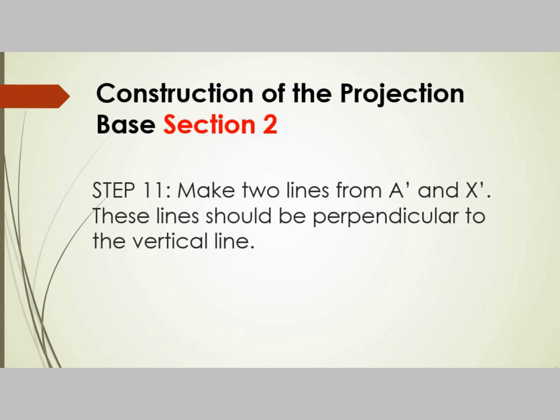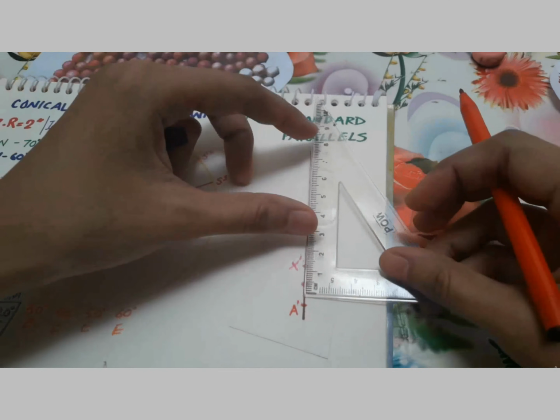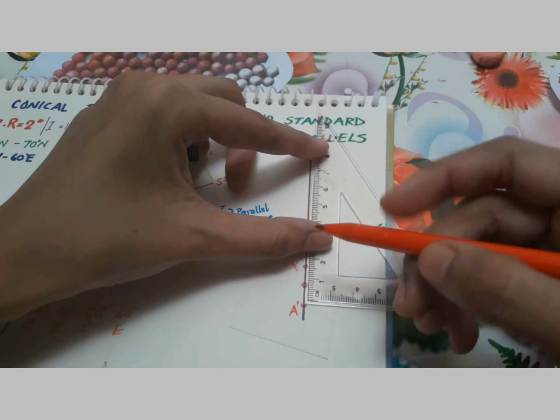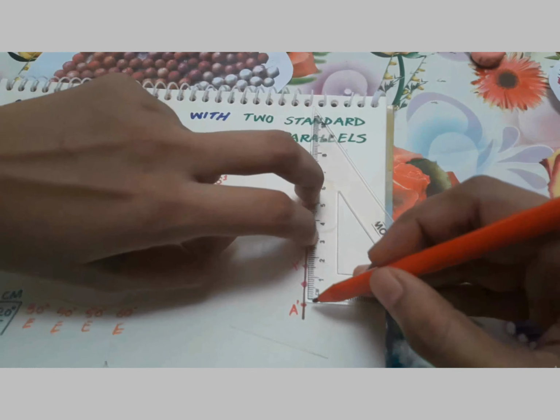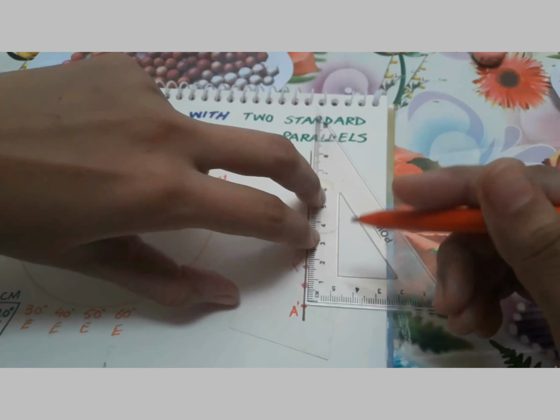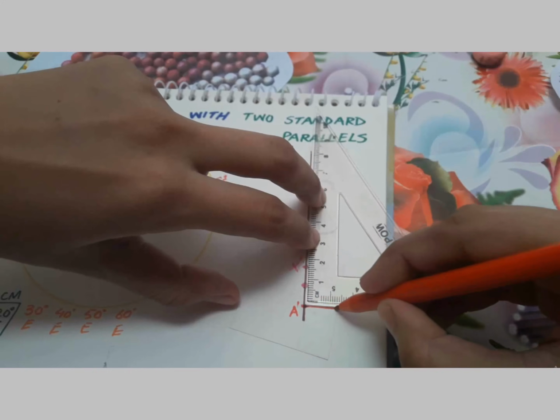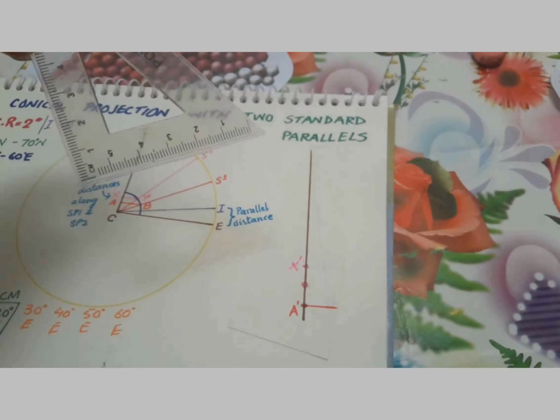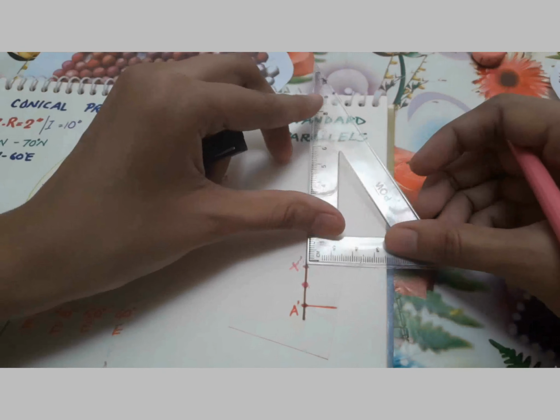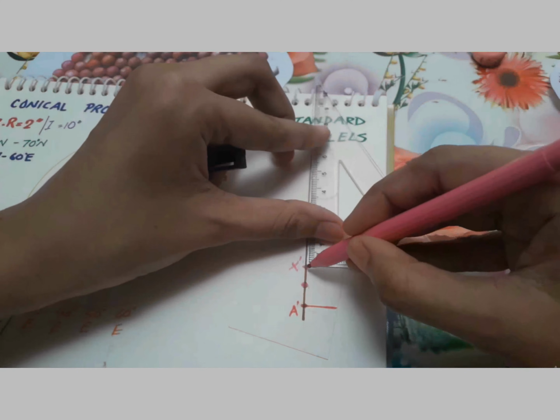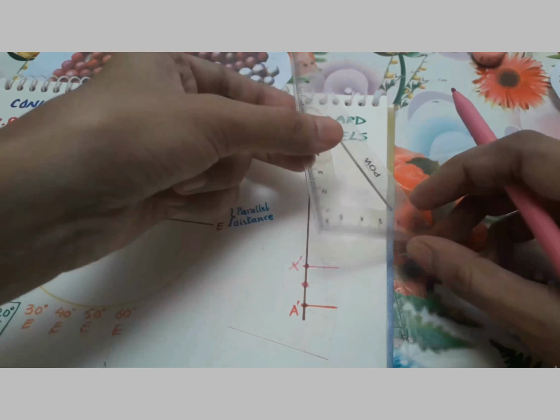Next step is to draw 2 perpendicular lines from A dash and X dash. Since we are making perpendicular lines, we are using a set square for that, and we are making a perpendicular line to that vertical one from A dash and then from X dash.